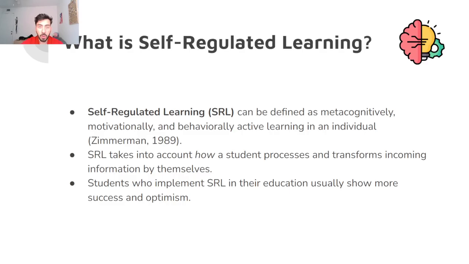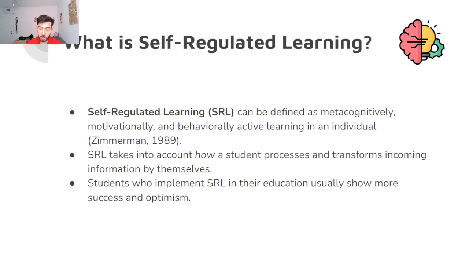Self-regulated learning, or SRL, can be defined as metacognitively, motivationally, and behaviorally active learning in an individual. So it's pretty much how a person self-processes and self-analyzes whatever they're learning. It takes into account how a student processes and transforms that incoming information by themselves.